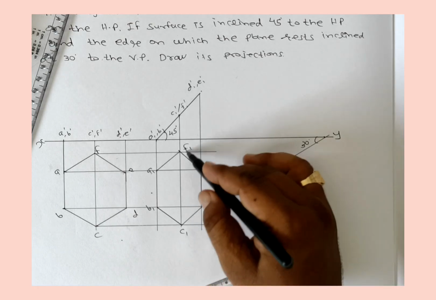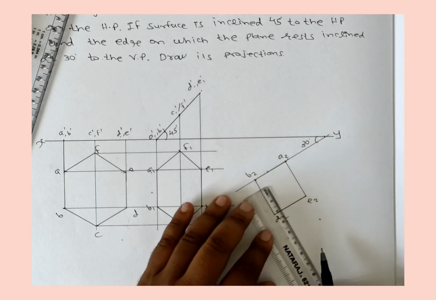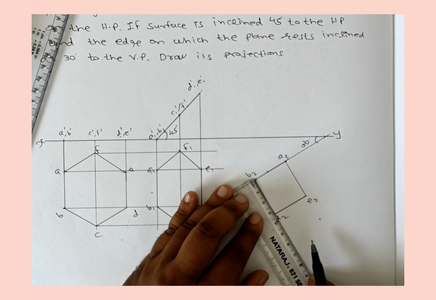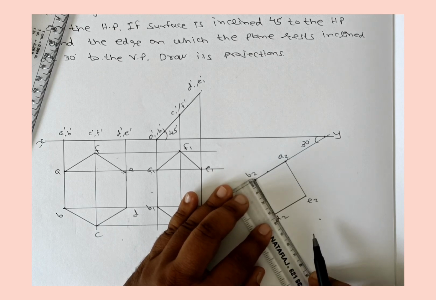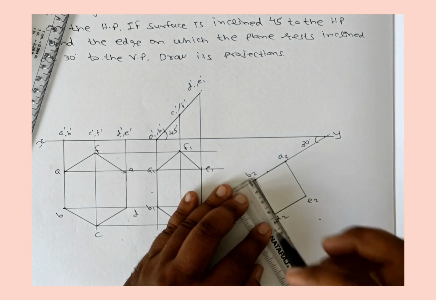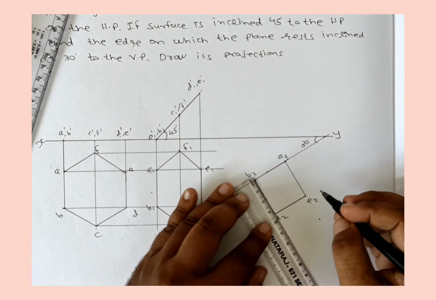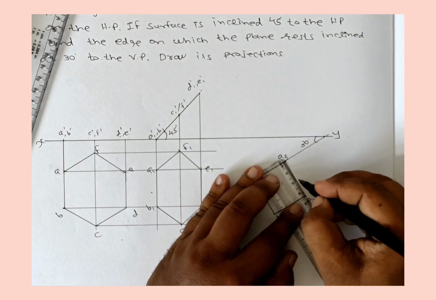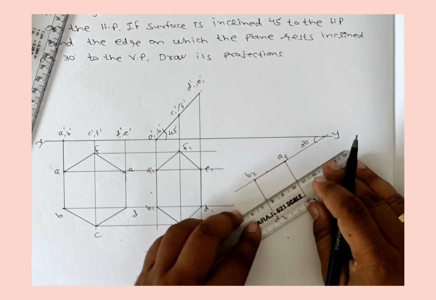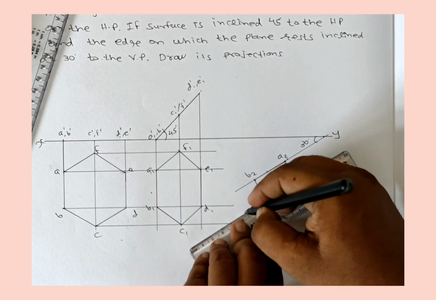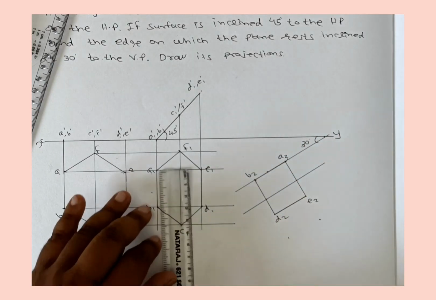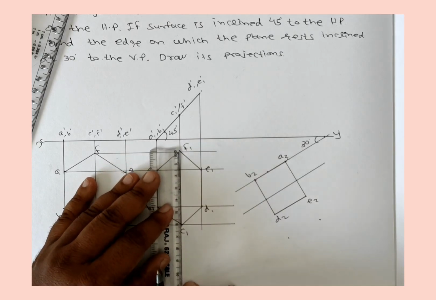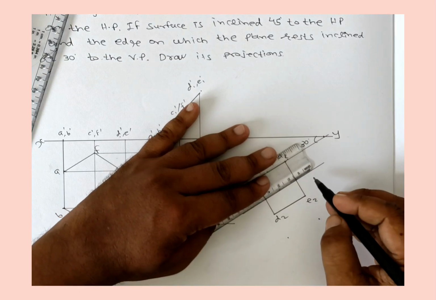Okay, now students, we have to find C and F. Here you have to find out the midpoint, and draw this line. The distance is approximately 14, so you can write down.